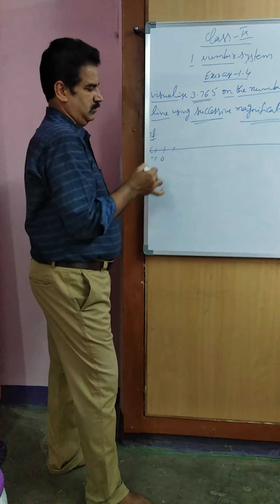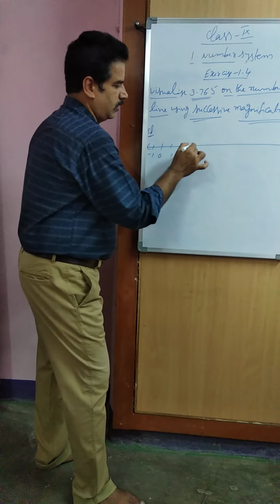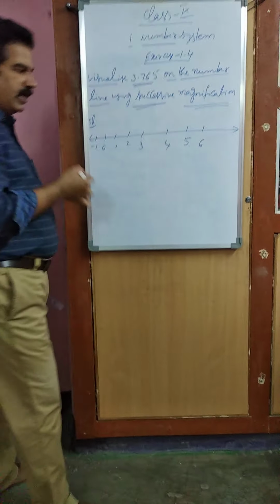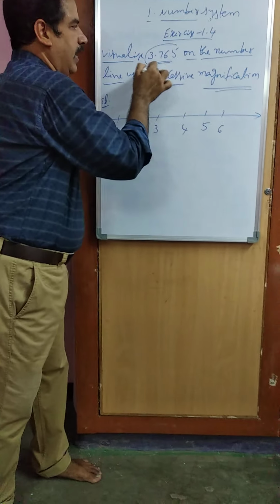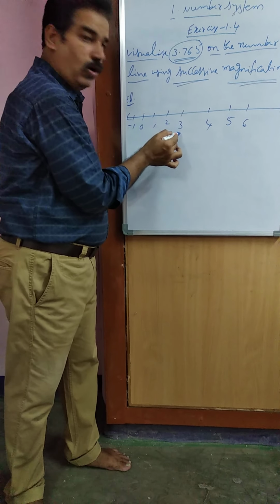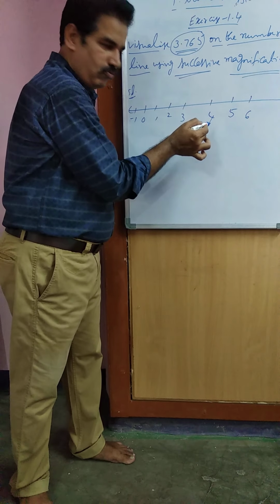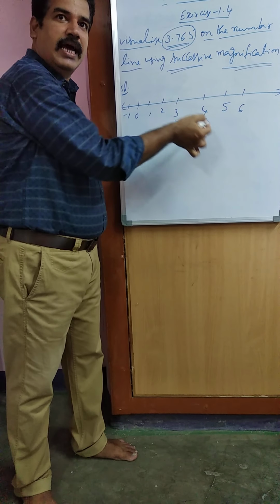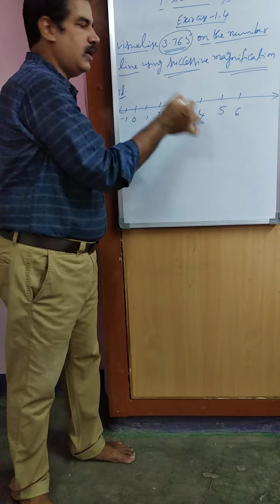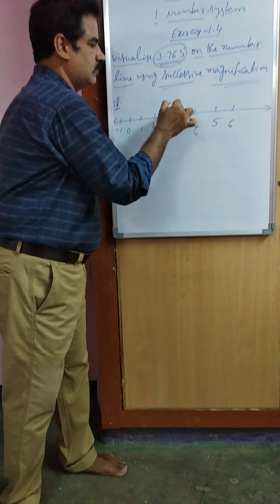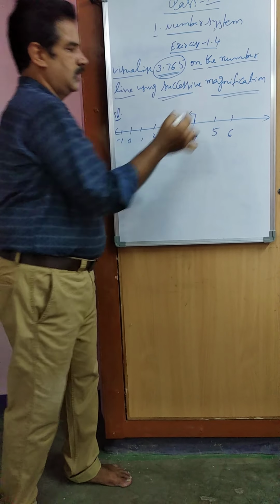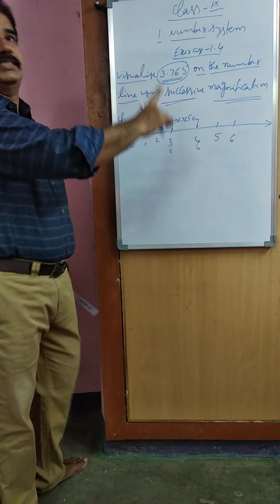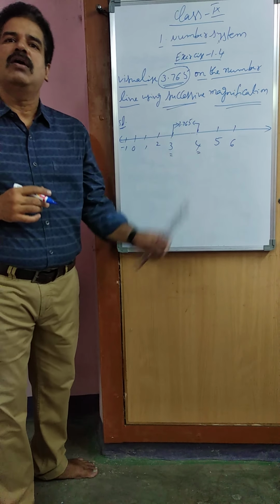So 1, 2, 3, 4, 5, 6. 3.765 lies between which numbers? Between 3 and 4. The decimal number lies, in the first step, between the whole parts 3 and 4. The number you can write like this, 3.765. This is the first step. It lies between 3 and 4.